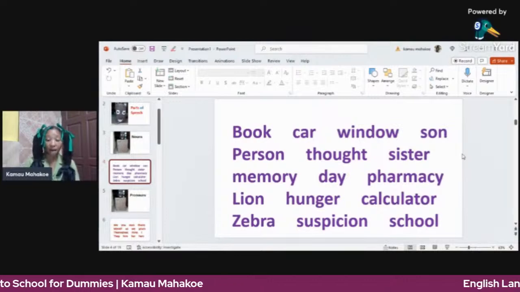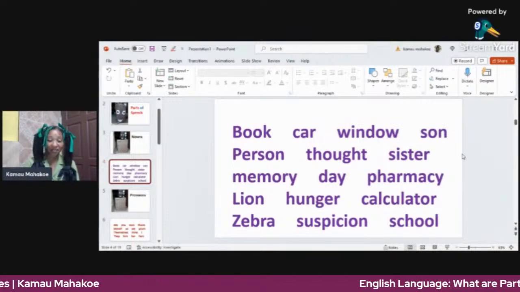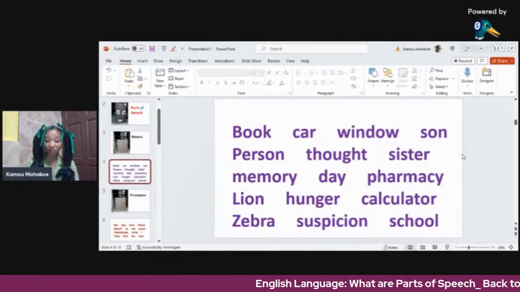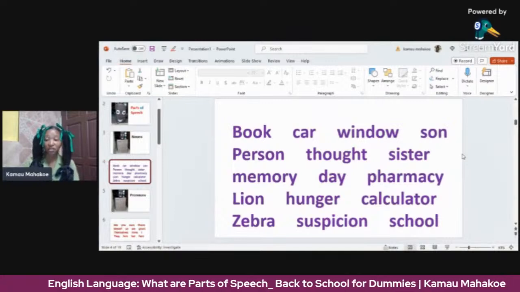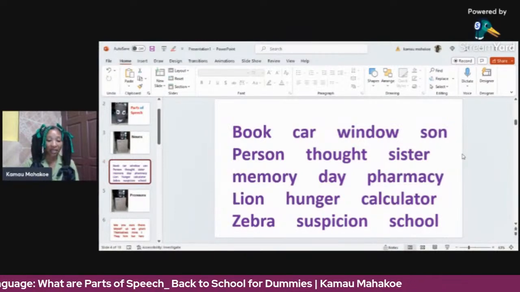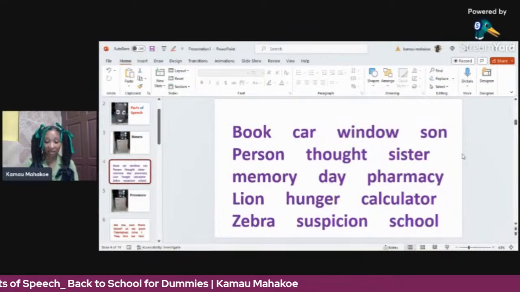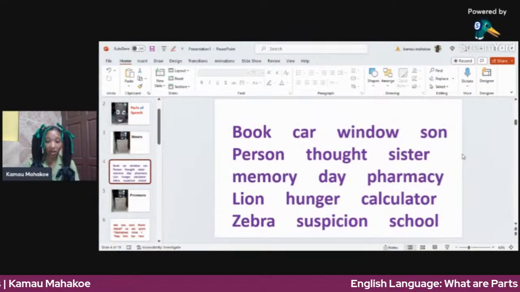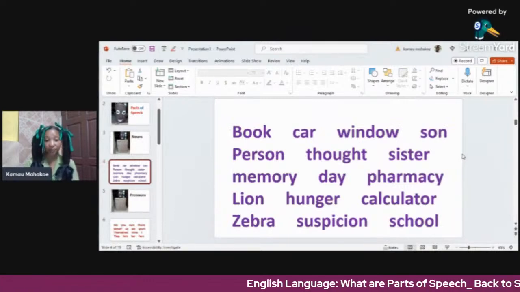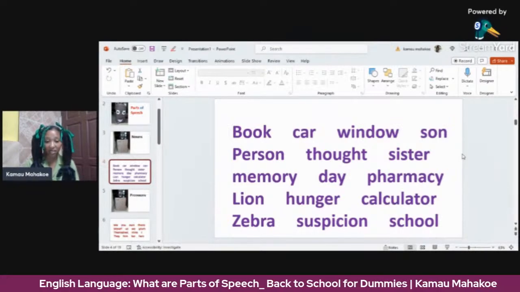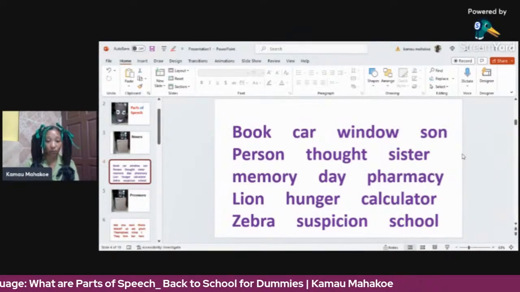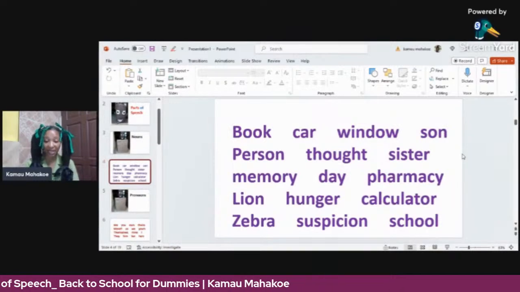So on this channel, our little friend is Dum Dum. So if you're writing Dum Dum's name, it will be starting with a capital D. So it doesn't matter if you think that the person or thing is insignificant, or even if it's not a living being, once it's the name of something, we capitalize the first letter. And if the name consists of more than one word, we would capitalize each word in the name.